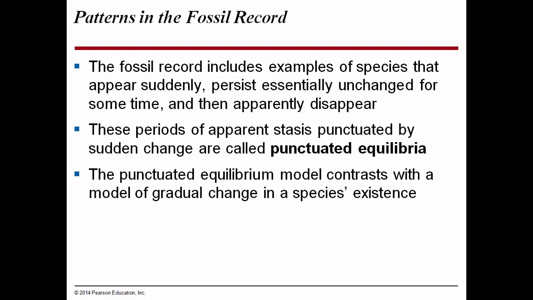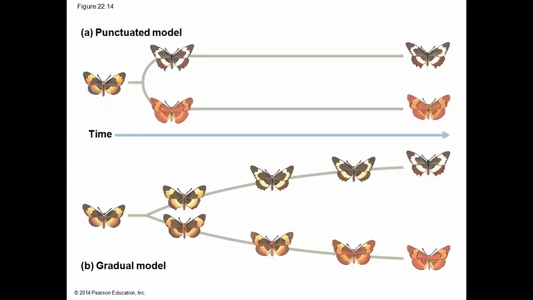The punctuated equilibrium model contrasts with the model of gradual change in a species' existence. So here we show some drastic environmental change occurs, and this is over thousands of generations, but it's a relatively short period of time in geological terms. And then that makes these species distinct, and then these species continue as distinct throughout time.